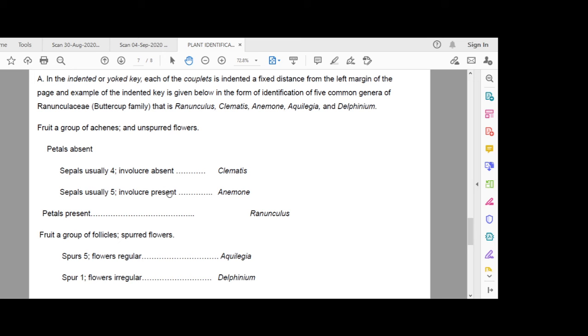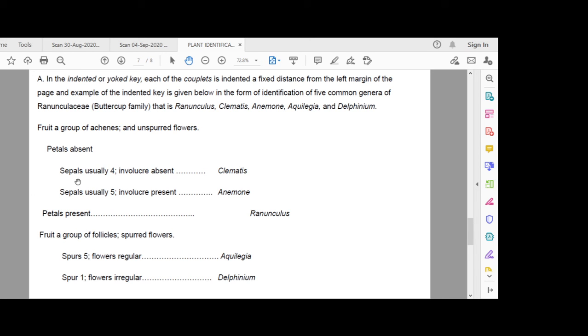So this is one couplet and this is one lead of the couplet. This is fruit, a group of achenes and unspurred flowers. Now, in this case, whether petals absent or petals present. No genera has petals absent here; all the genera have petals.